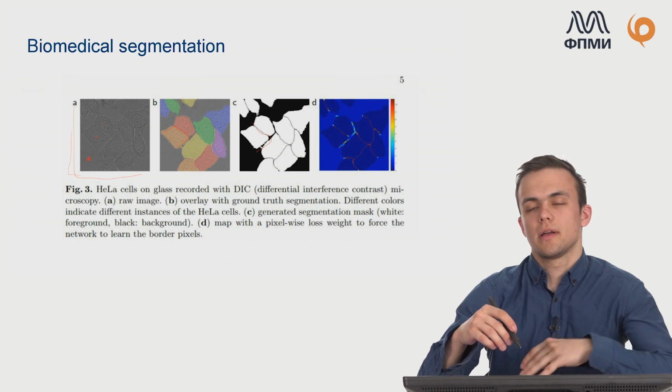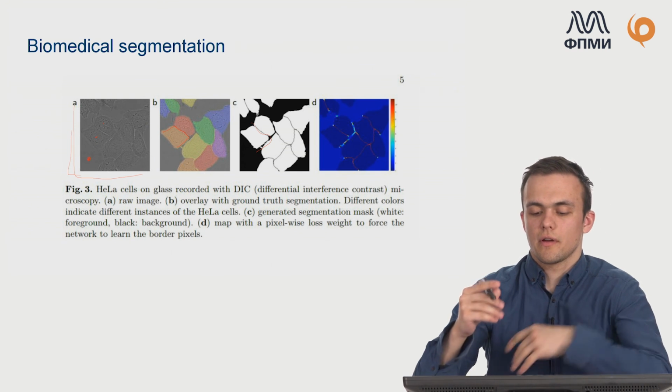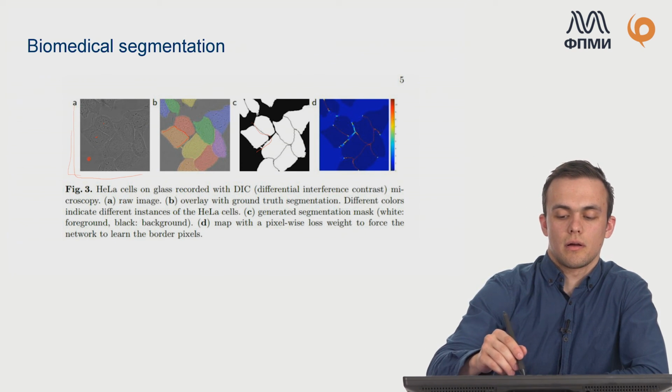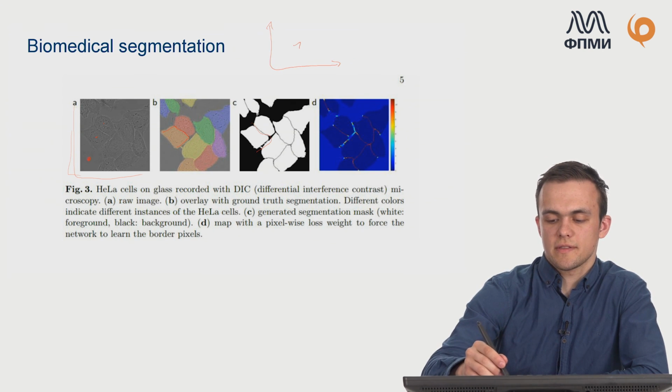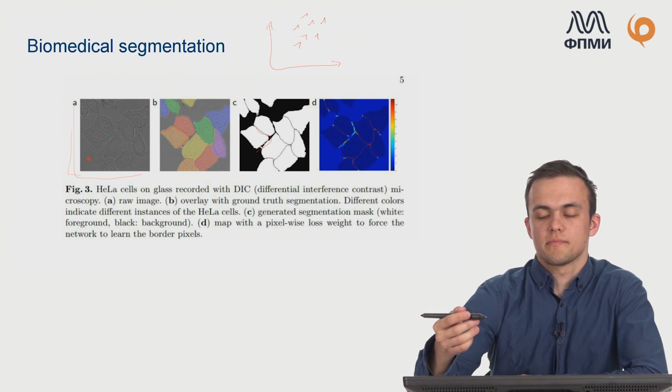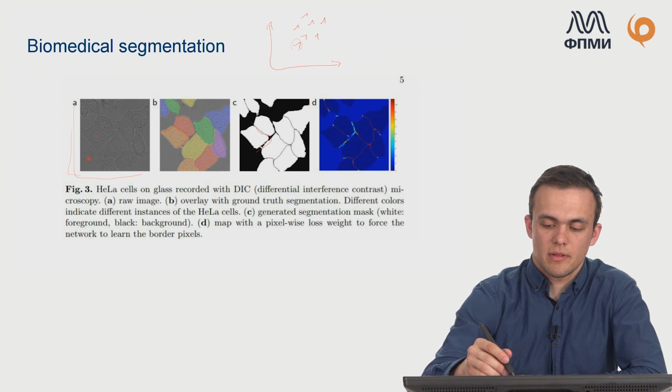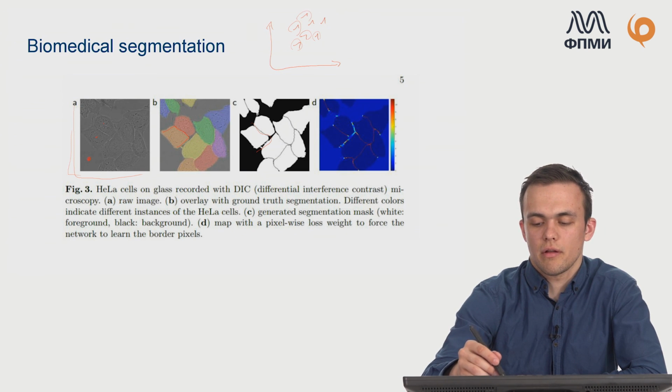If you have, for example, several birds in the sky, semantic segmentation will just label: here is a bird, another bird, another bird. These are all birds.